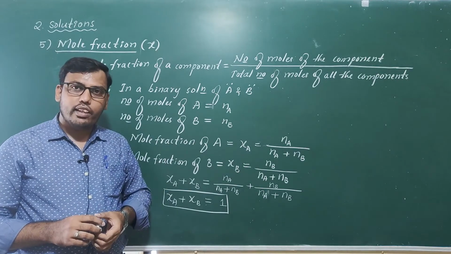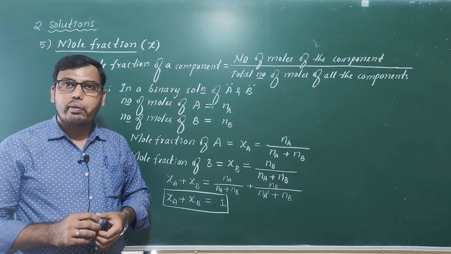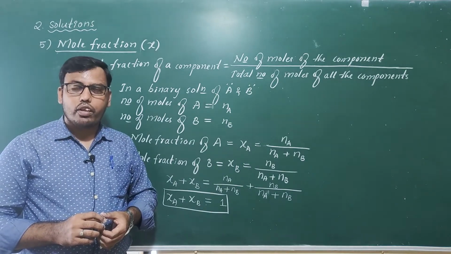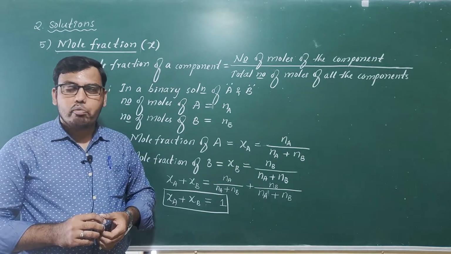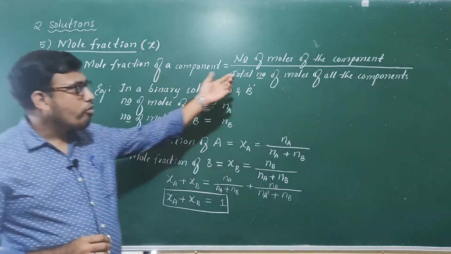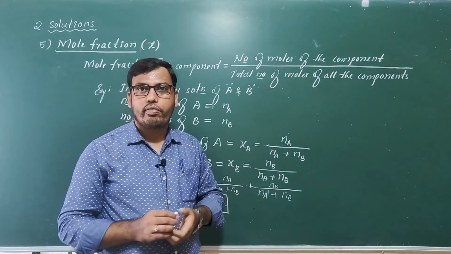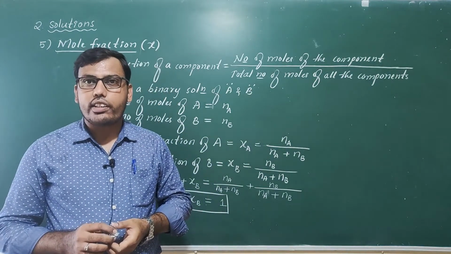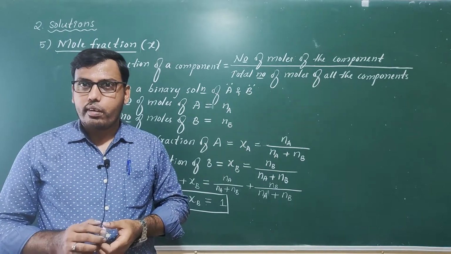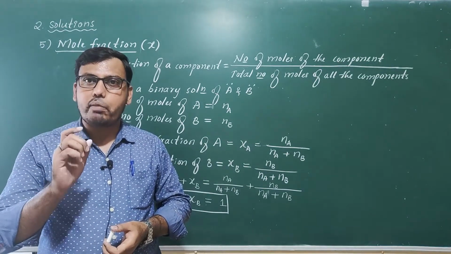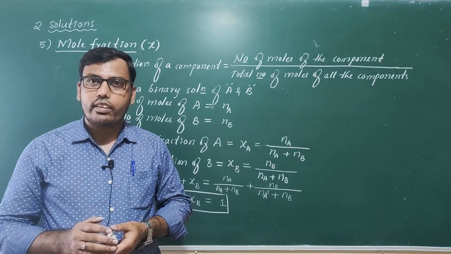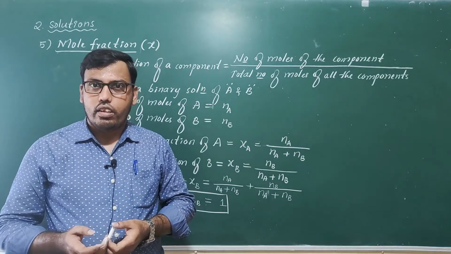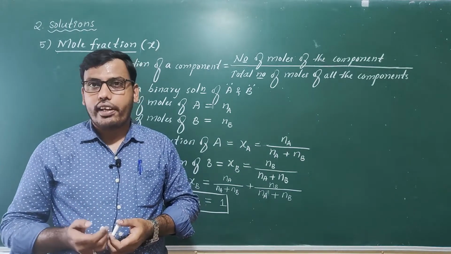So dear students, let us know whether it depends upon temperature or not. Once again it is very simple, you can understand very easily, because mole fraction depends upon the number of moles. How to calculate moles? Moles is equal to mass divided by molar mass. So the moles value mainly depends upon the mass, and we know that mass is not varied by temperature.